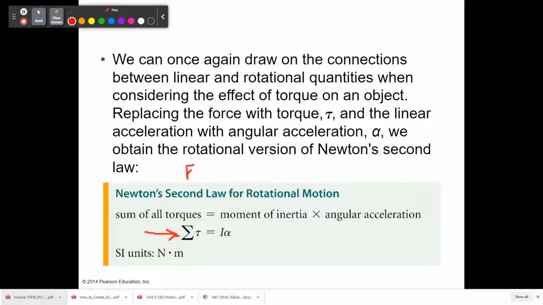Remember, Newton's second law is force equals mass times acceleration. We're just going to replace those linear terms with rotational terms. Force becomes torque, mass, which is just a measure of inertia, becomes moment of inertia, and linear acceleration becomes angular acceleration. So the sum of all the torques is equal to the moment of inertia times the angular acceleration.